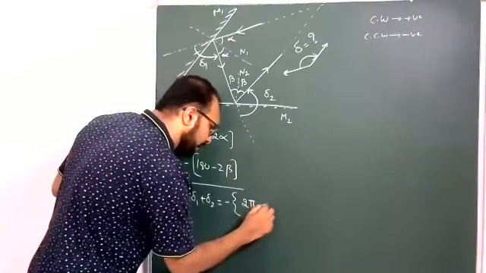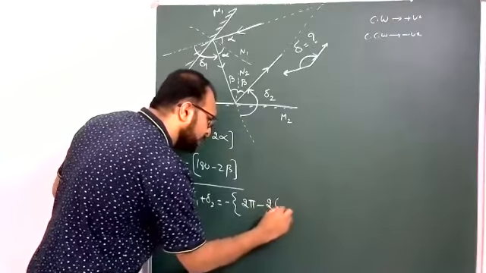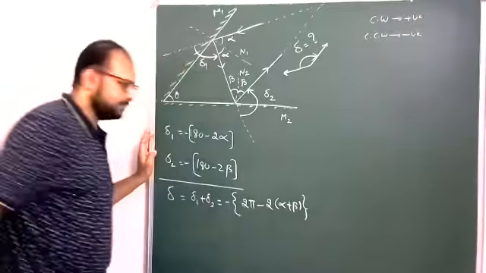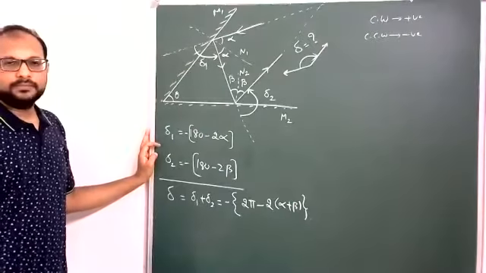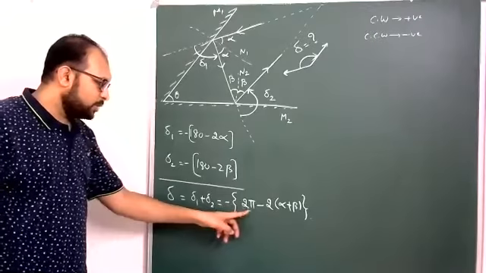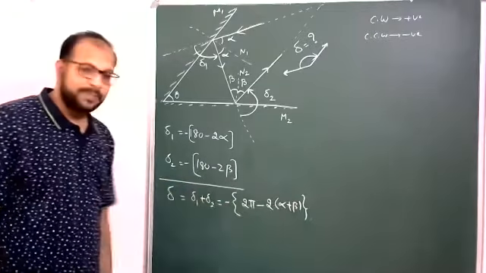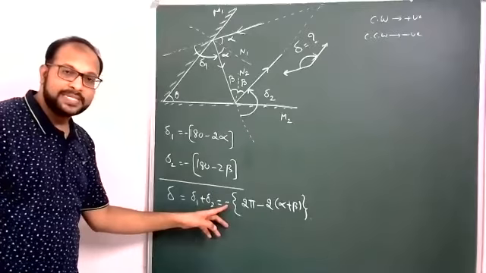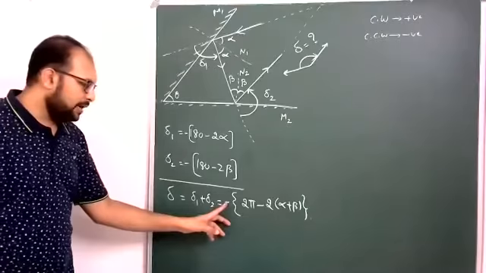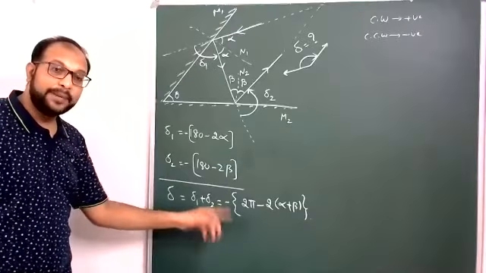So 2 pi minus 2 into alpha plus beta, right? So the angle of deviation is minus of 2 pi minus 2 into alpha plus beta. What does this minus represent? The counterclockwise direction.